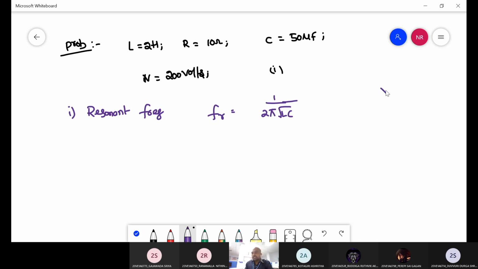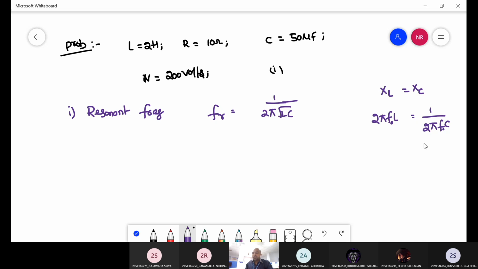XL is equal to XC. XL is 2 pi FL, which is equal to 1 by 2 pi FC.